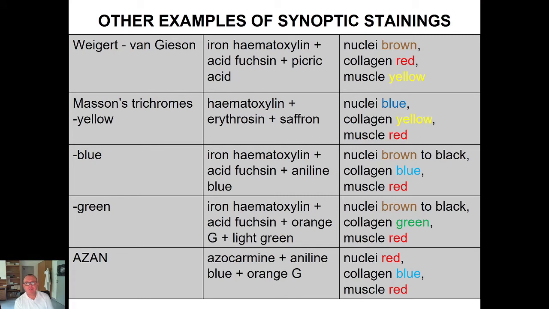There is a table showing other synoptic methods of staining. So hematoxylin eosin is the most widely used, but these other 5 methods are also widely used. You will see most of them in our slide box.